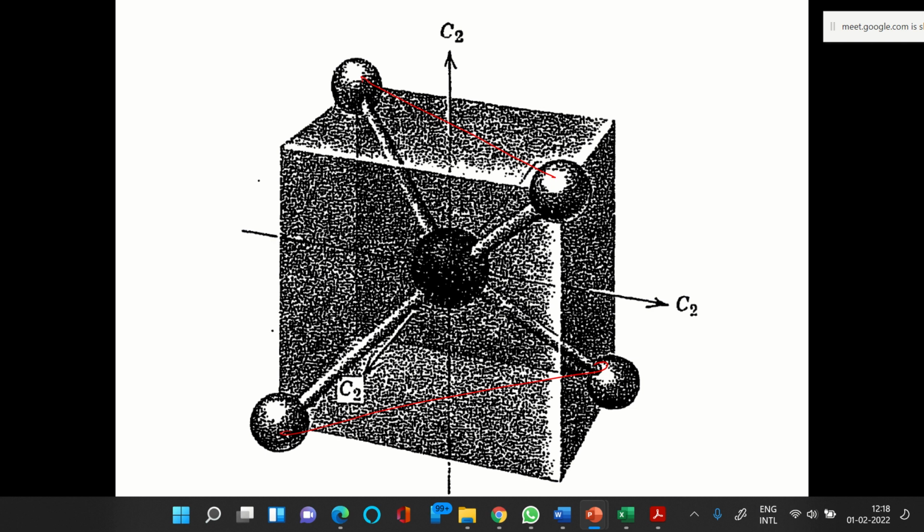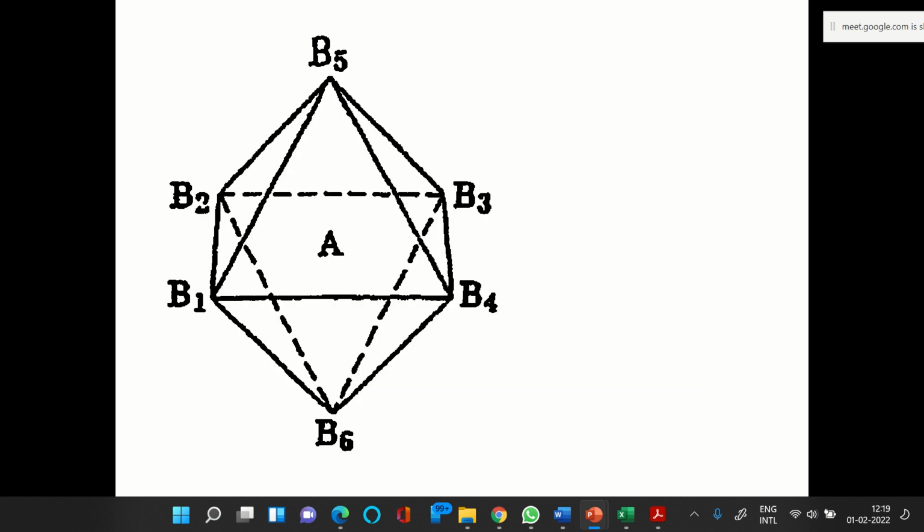So the C2 axis is easy to define from face to face, center of each face, one face to the other. You can see one C2 axis going across another: the face on the left-hand side to the right-hand side, bottom face to the top face, center to center. Similarly, we were also trying to understand the planes that we can have in an octahedron geometry.